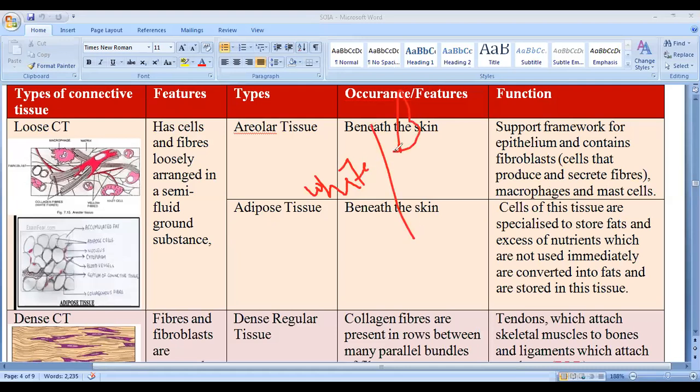Where is the white found? White is found in the embryo as well as in adults. White adipose tissue is found in the adult, and brown adipose tissue is found in infants as well as hibernating animals. Hibernating animals generally live inside a cave for a long time, up to 6 months.